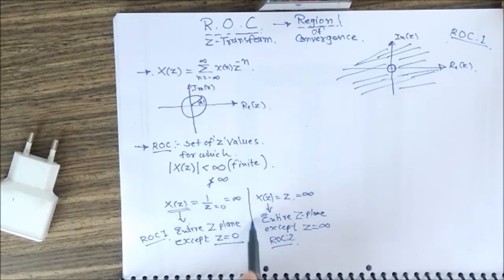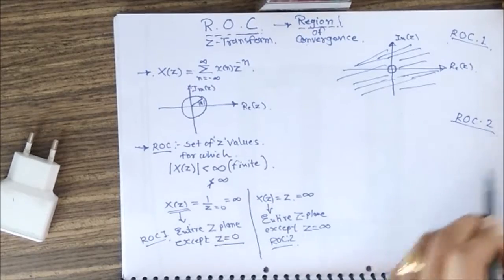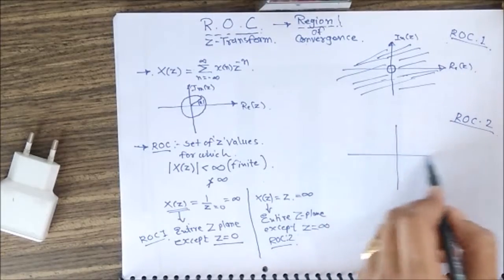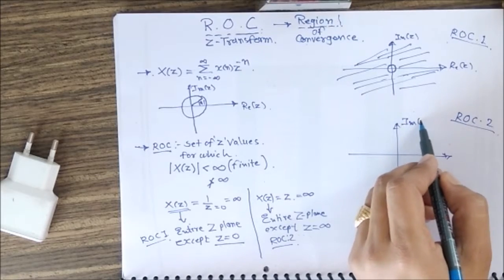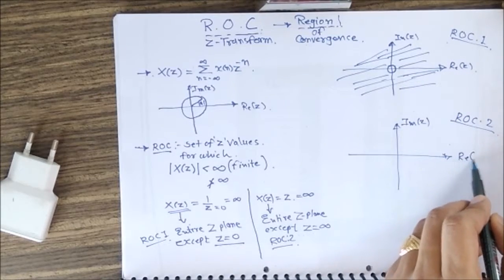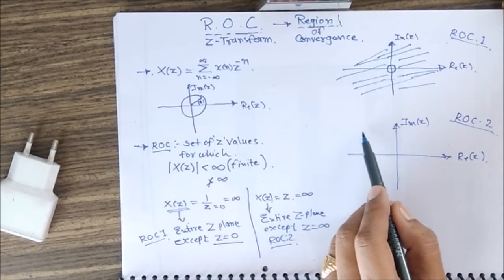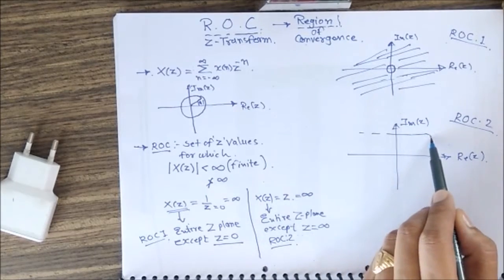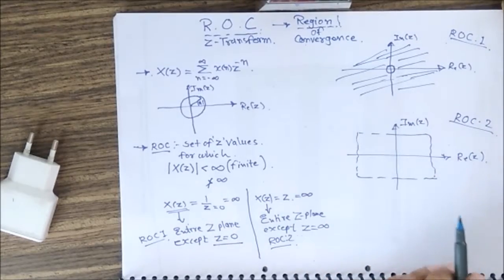Now consider X of Z equal to Z: entire Z plane except Z equal to infinity. This one is the ROC2. Let's say we have a Z plane, but we do not consider in this Z plane the Z equal to infinity, but we should have the boundary of Z equal to infinity, because we cannot go to Z infinity.